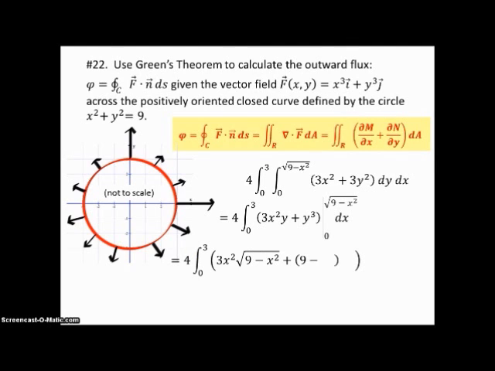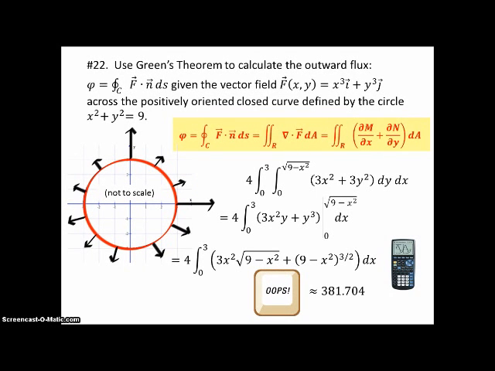And substituting, we get this messy integrand, which you could integrate using trig sub. That would be horrible. So instead I wimped out and used the calculator and got an answer of approximately 381.704.